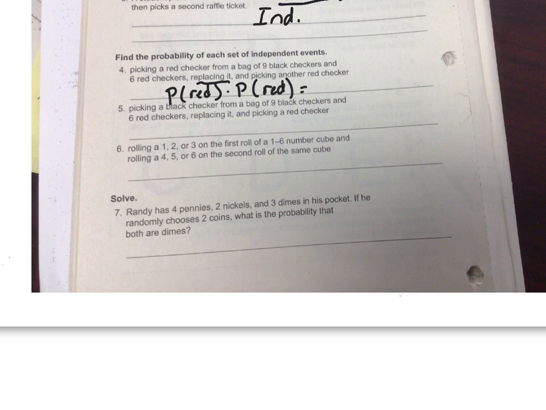Well, how many are reds? Well, there are 6 out of 15, right? We replace it. Another red would be 6 out of 15. I would reduce both of those first. So we get 2/5 times 2/5, which would be 4 over 25.